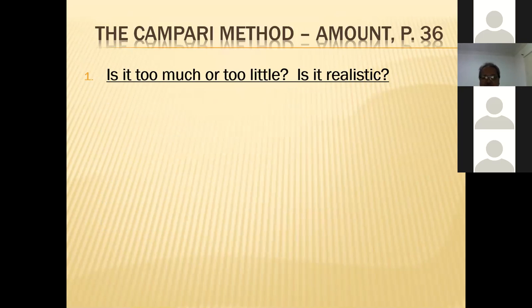When they come to us and say they want to borrow money to do such and such, we ask for a proforma invoice or an estimate, that kind of thing. So if they want to purchase a car, they go and get a proforma invoice from the car dealership, or they will bring in a sales agreement if it is a used car they're buying from an individual. So in that vein, we will know if it's too much or too little.